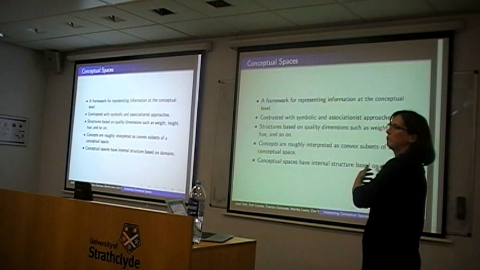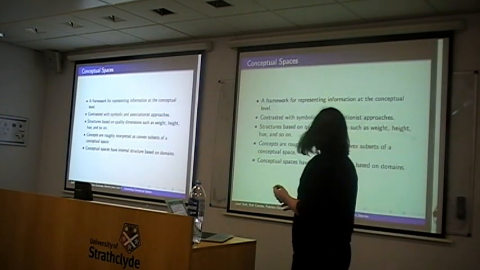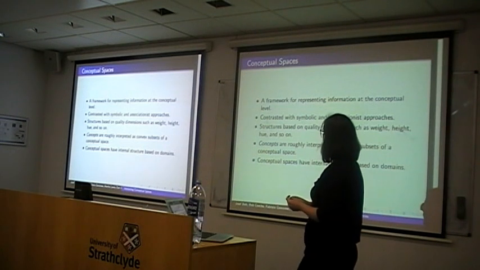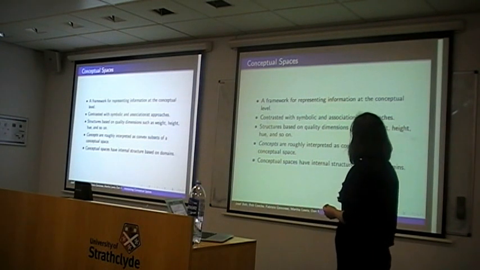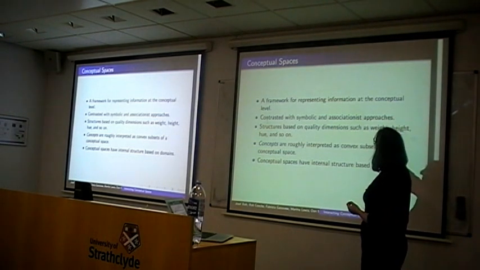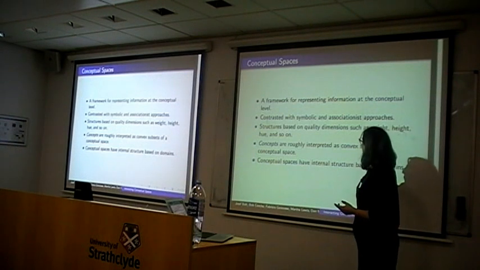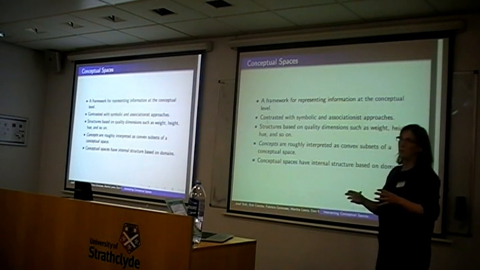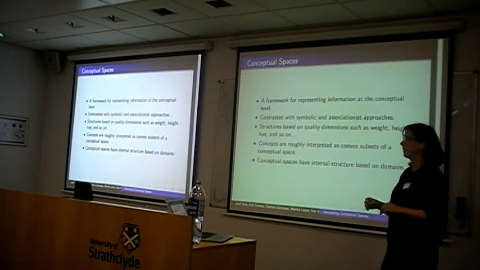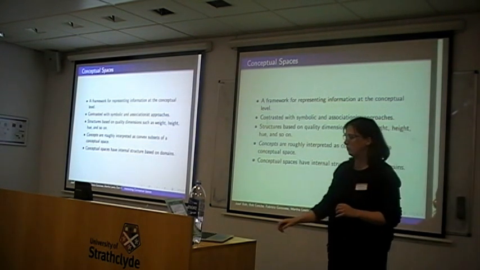So I don't really need to describe what conceptual spaces are, because obviously Peter's just done that in a completely expert fashion. But yeah, so the main things, we've got the quality dimensions like weight, height, and so on. Convex subsets, we're going to build our category around that constraint. And again, there's this internal structure based on domains.